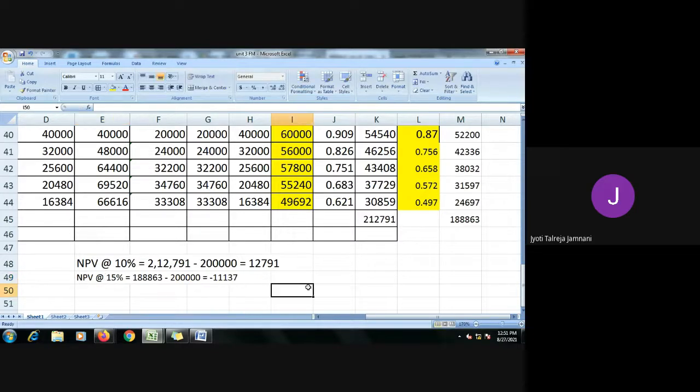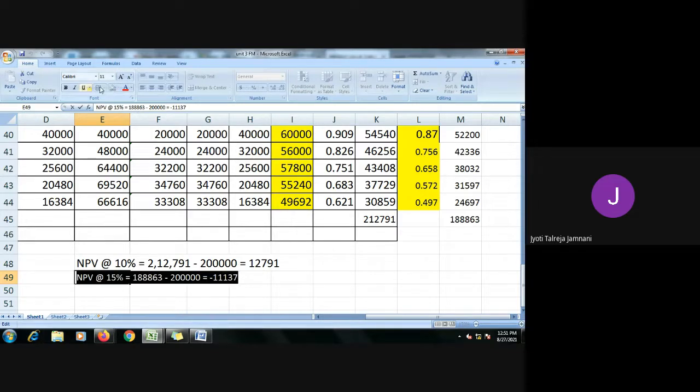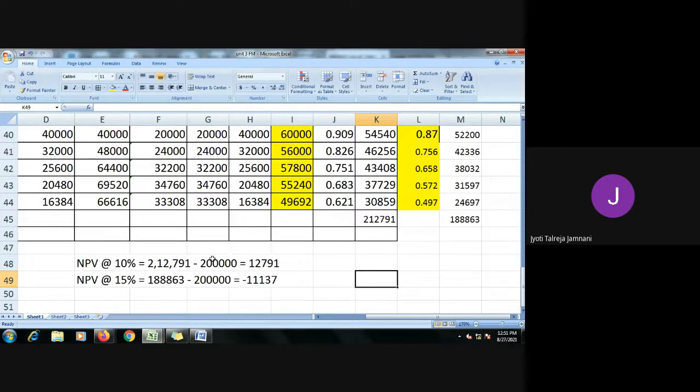So we have a negative NPV here at 15%, and at 10% we had a positive NPV. Two NPVs we got, one positive, one negative, and the two rates are 10 and 15%. Using this we can find IRR.